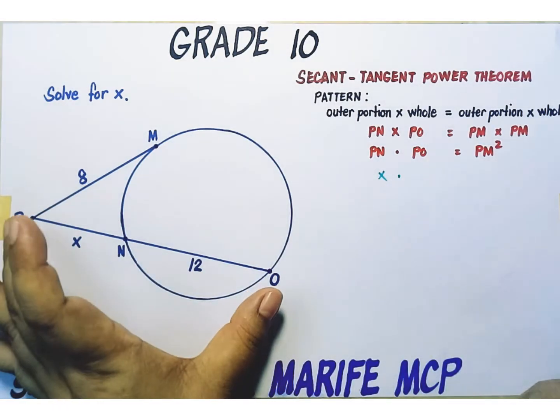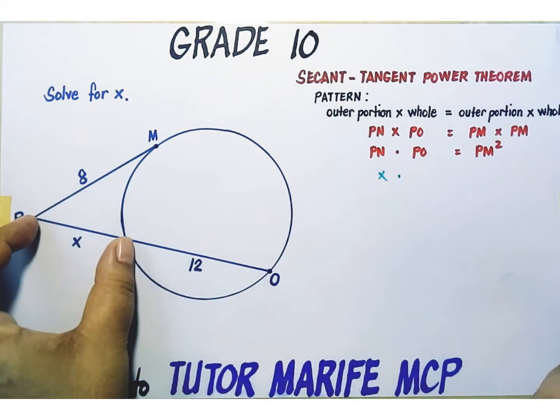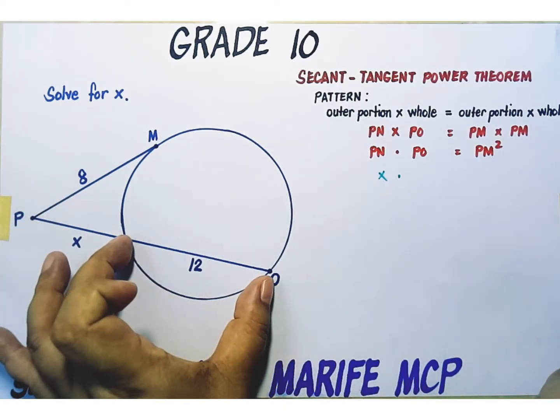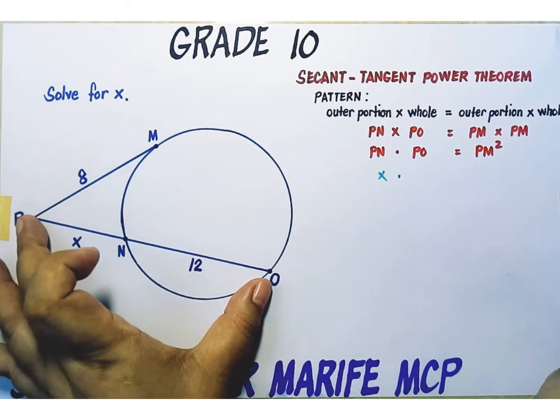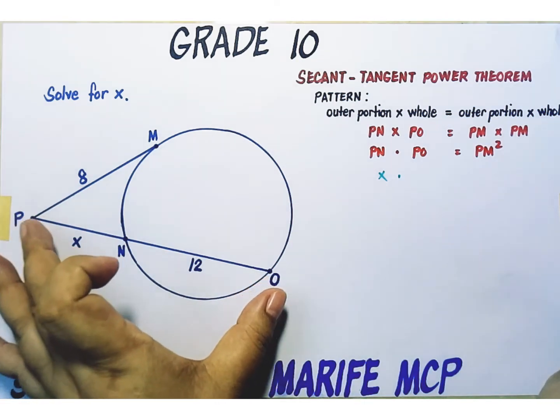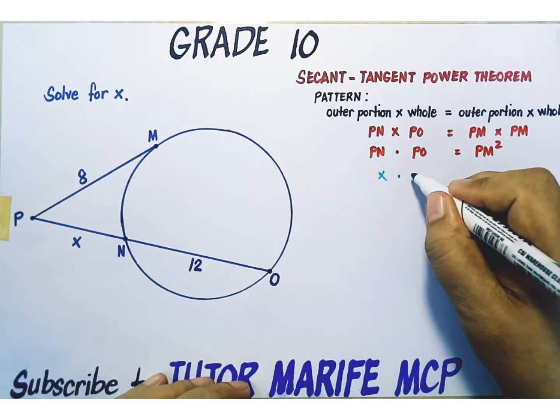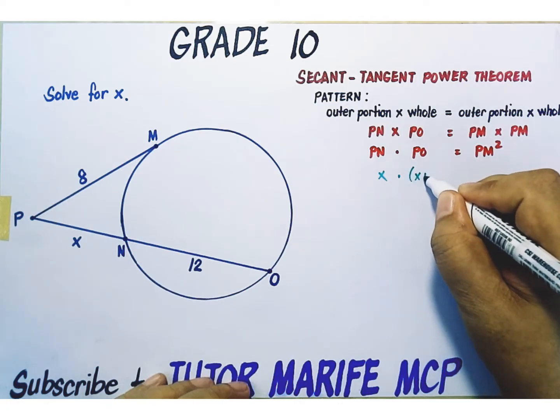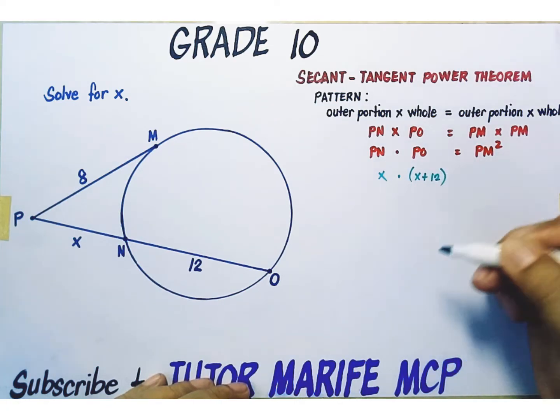By segment addition postulate, if we add up the two shorter segments, it's equal to the whole segment PO. So PO is the same as X plus 12.